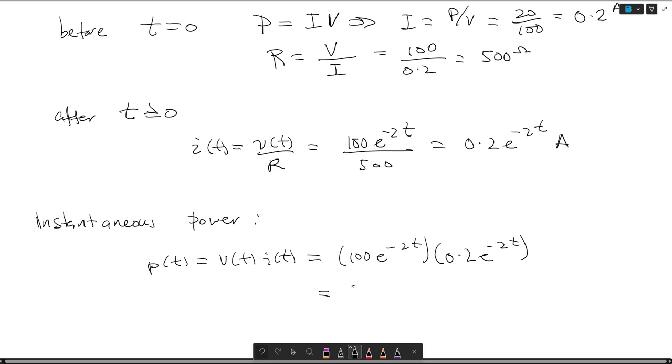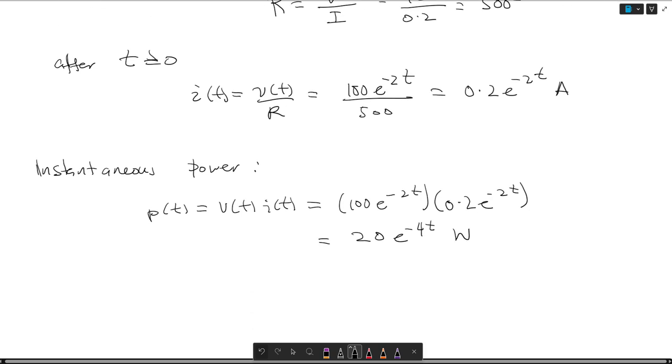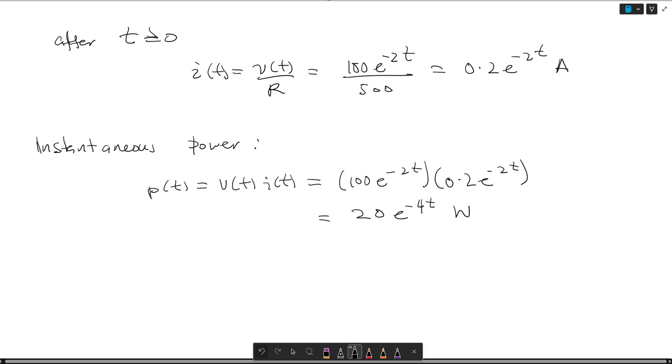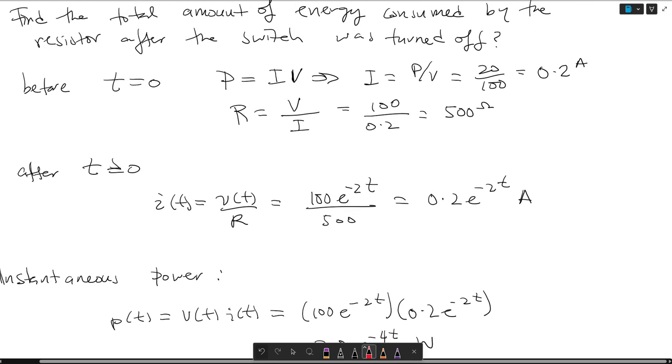And again, this equals 20 e to the minus 4t watts. And as you can see, the power decays at a rate of e to the minus 4t, which is much faster than the rate for current and voltage of e to the minus 2t.